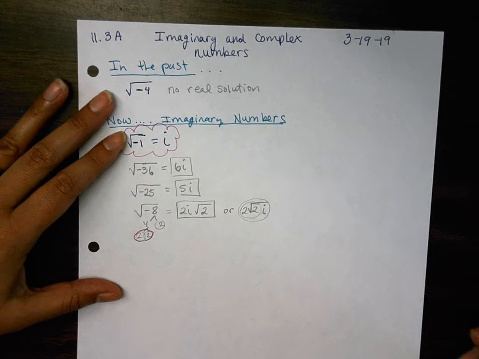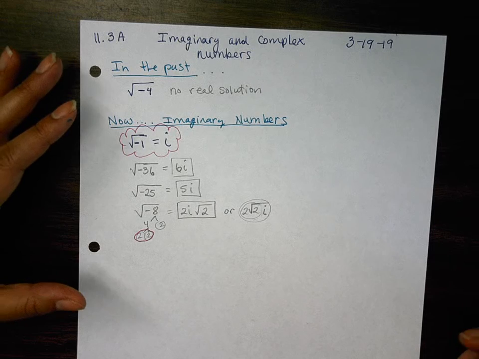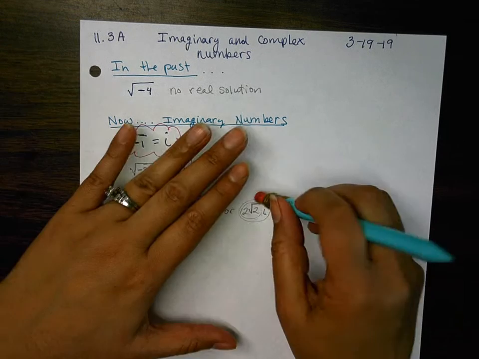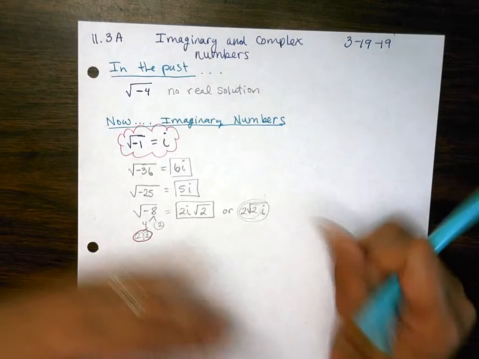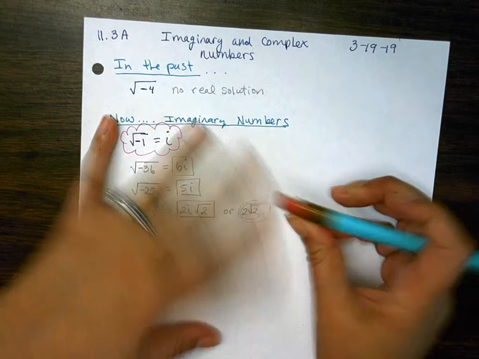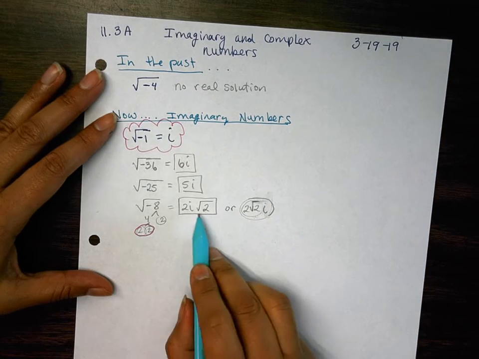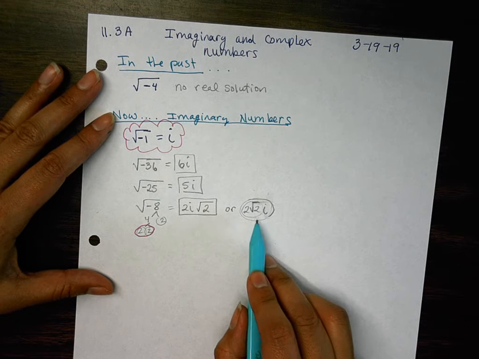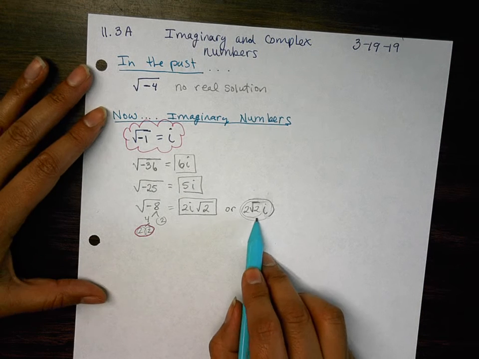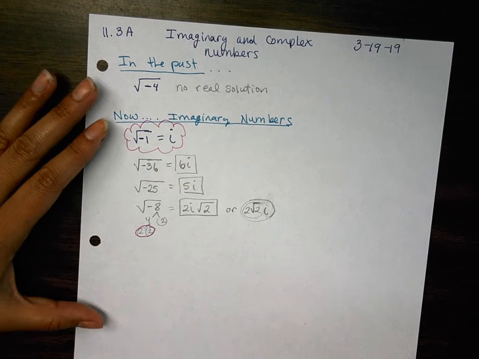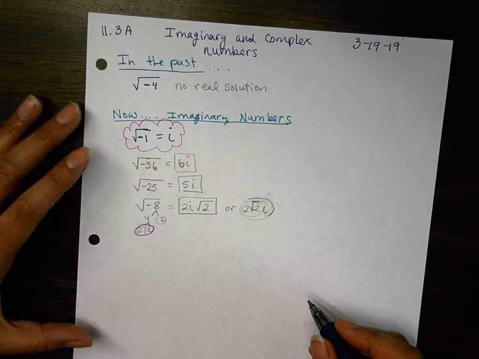Is that the same thing with the i underneath the radical? No. So some kids are like, oh, I'll be really careful, and I still end up marking it wrong. So just write it this way from now on, but know when you see it this way, that is the same thing. It's actually mathematically correct. All right.